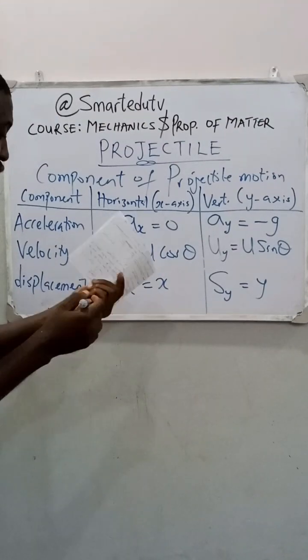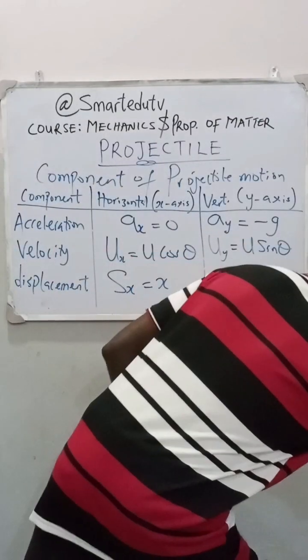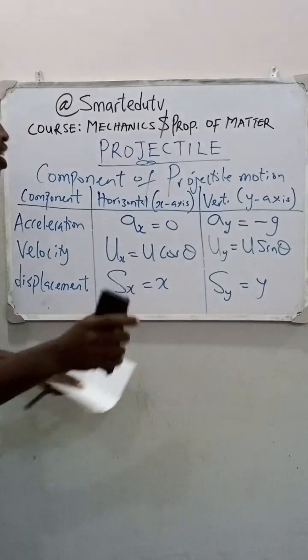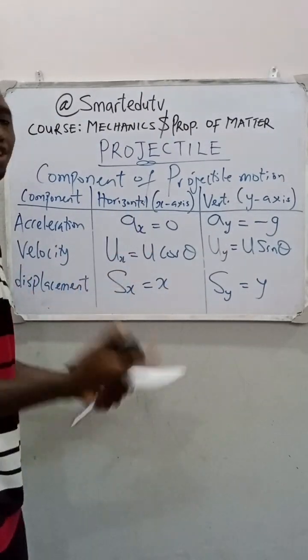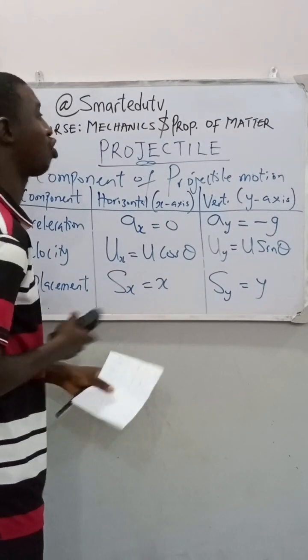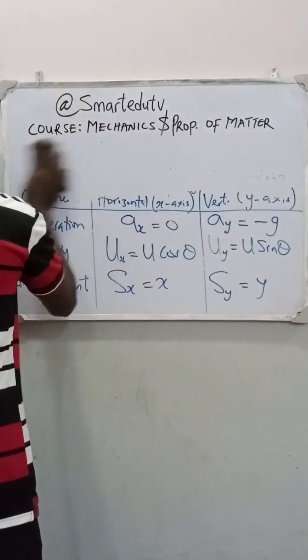Let's now see. If you want to write those equations of motion very well, let's see what we are going to have. I'm going to be making reference to this table in terms of the horizontal component and also the vertical component.